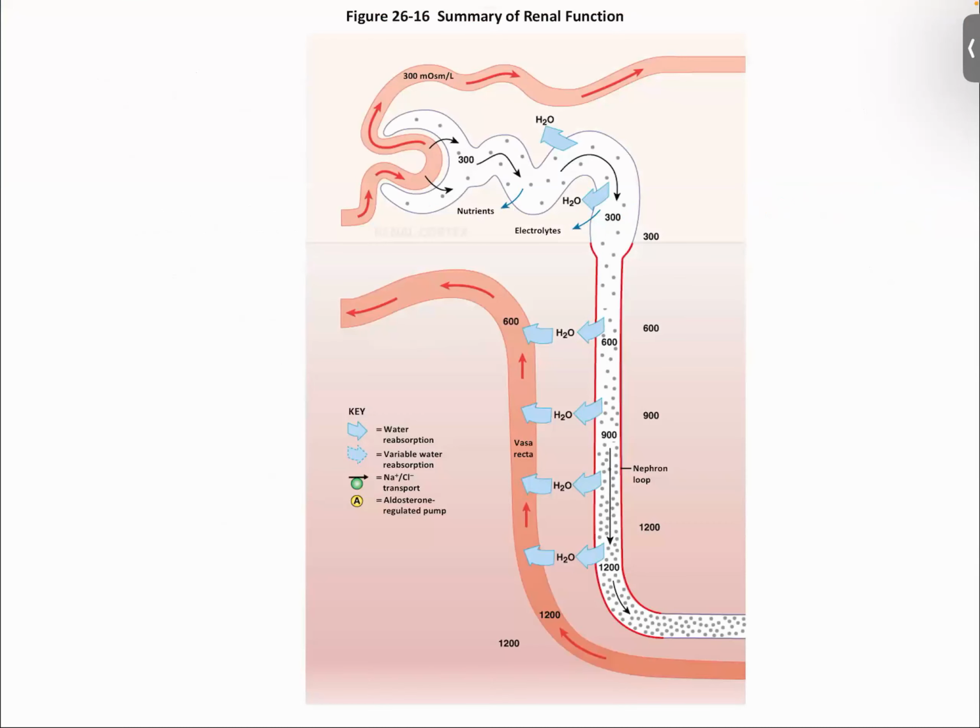So that's kind of what it looks like. So here's your vasa recta here. So you can see as the water comes out, it doesn't just hang out in the paratubular space. It goes right into the vasa recta, which is a part of the capillary system. You can see up here, this is your paratubular capillary.